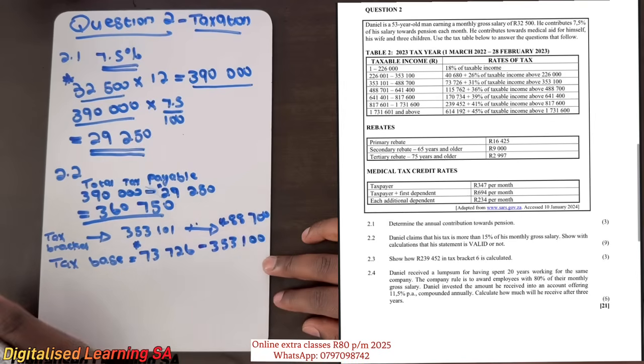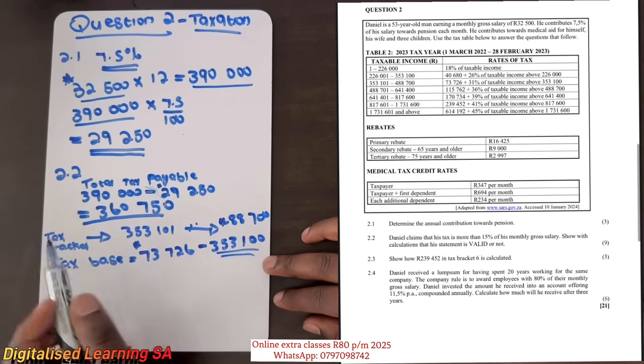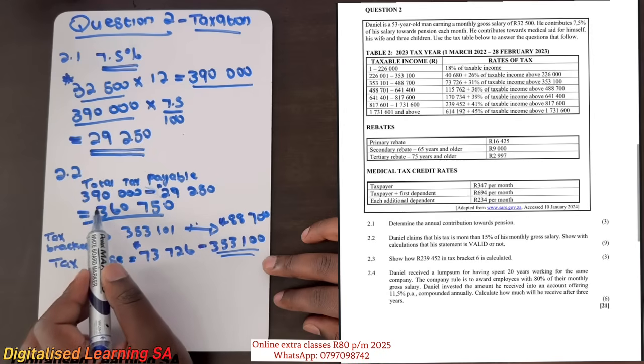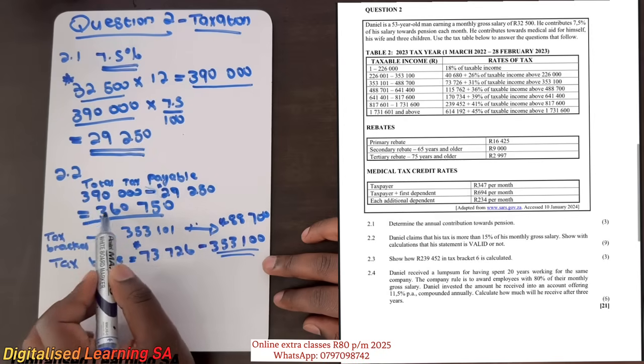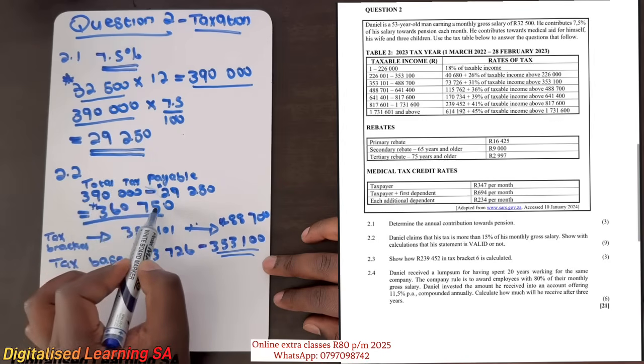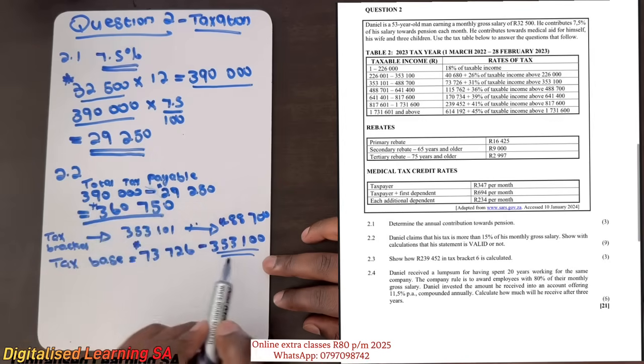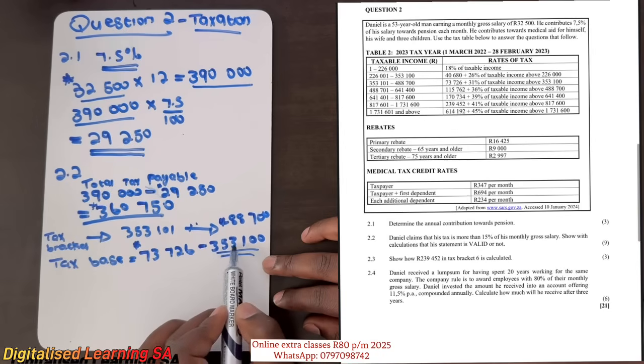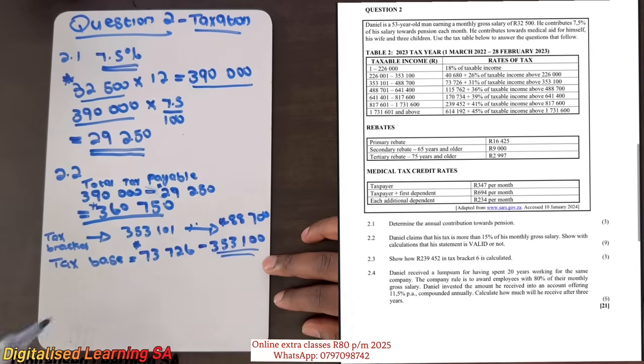If you look at that row, you can see that at the end they wrote that the base tax is for 353,100. Remember that we need to calculate the tax for how much he earns in a year, which is 360,750. So they've already calculated 353,100 for us, meaning that we need to calculate the balance.